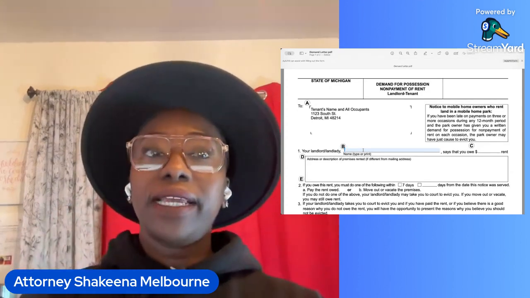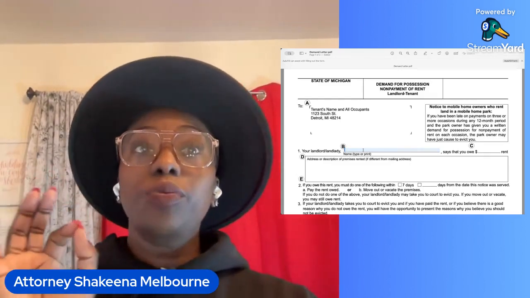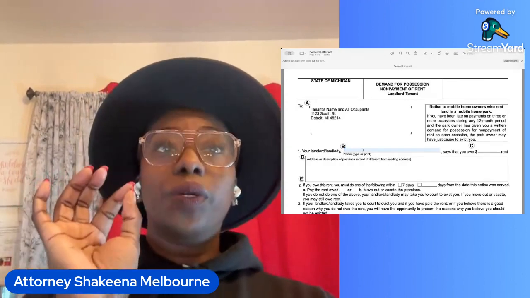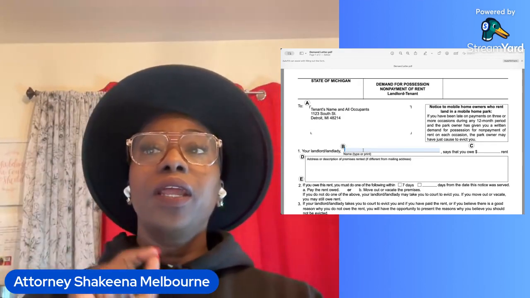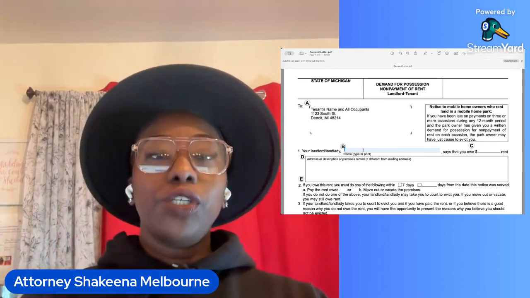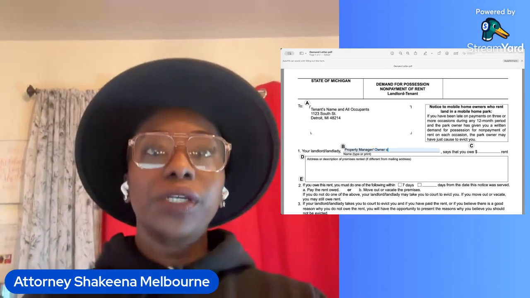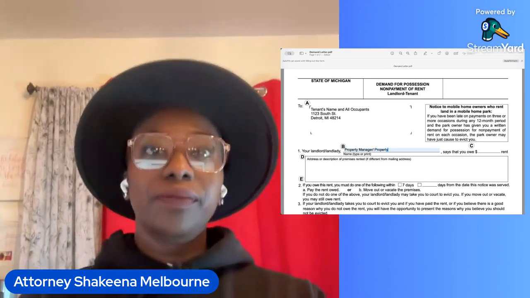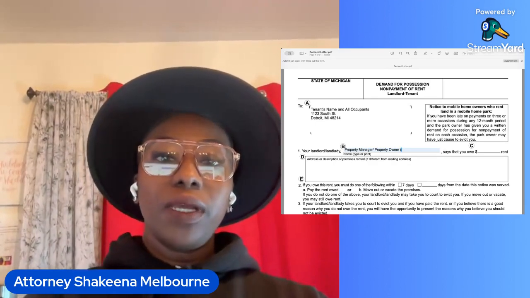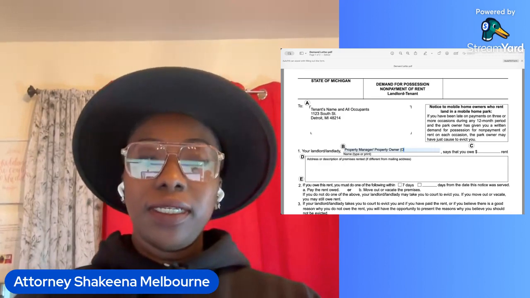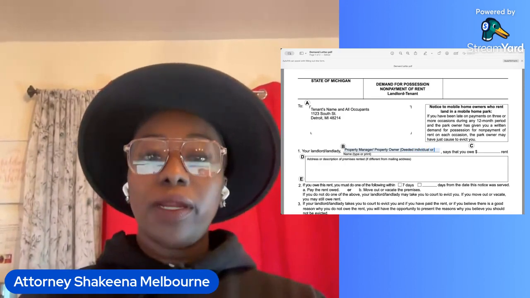So when we're filling out the landlady section, make sure you're looking at the deed to the property, whether that is your personal name or an LLC that's now the owner of the property. If it's the property manager, you want to put property manager / property owner. And like I said, a property owner could be anyone from the deeded individual who owns it or the company.